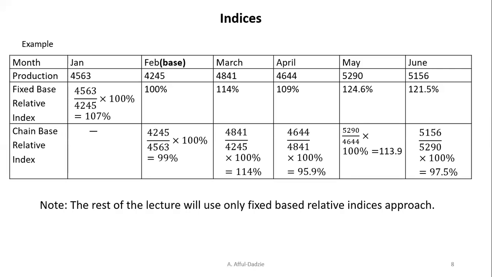And then we compare all other periods to that base year. So in the example you have, look on the top, we have from January to June the production values there. And so we assume that February is our base period. And so we will take each of the period's values.